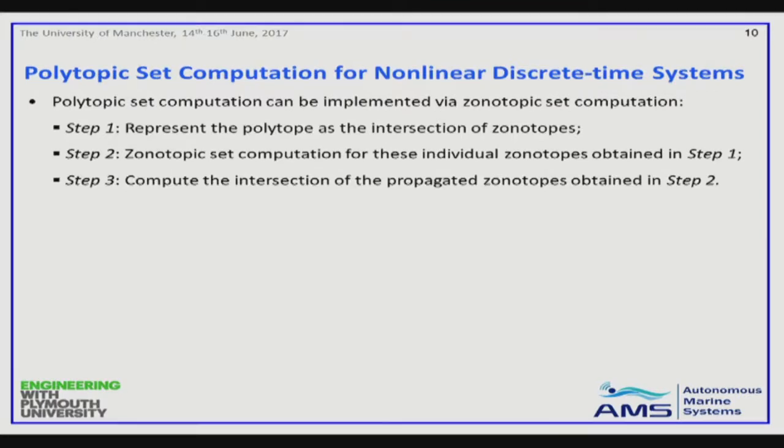Any polytope can be represented exactly by an intersection of zonotopes. The second step is to compute the dynamic evolution of these individual zonotopes, FZ1. This uses Combastel's method.